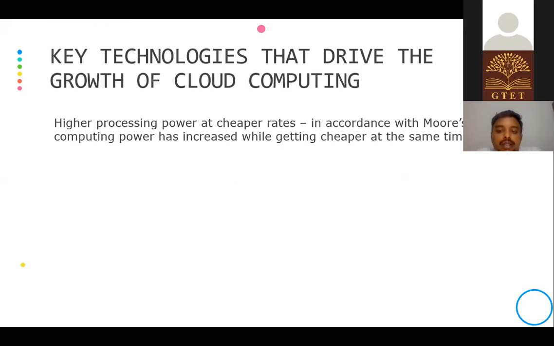It states that the number of transistors on a microchip doubles about every 2 years, and the cost of computers will be halved in the same time. What this means is you have more processing power at cheaper and cheaper rates. And this has been true for microprocessing for the last 6 decades, that is the last 60 years, right?